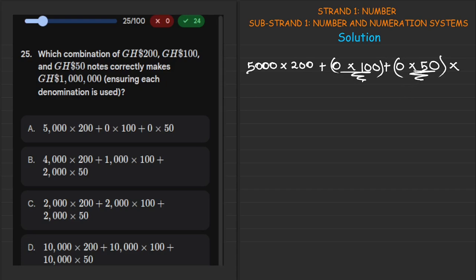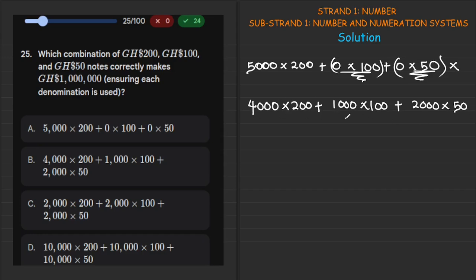Let's look at the second one. For this second one, it tries its best to include all the denominations. So we have the 200, the 100, and then the 50. As to whether it is true or not, we would have to do the multiplication and then sum them up. So we have 2 times 4, which gives us an 8. So we write all the zeros attached to it.